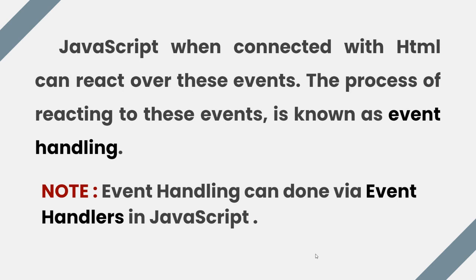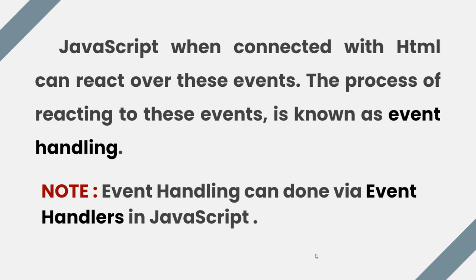So JavaScript, when connected to the HTML, can react to these events. So the thing here is this: for these events to happen, they always need to affect a particular HTML element. And so when JavaScript is connected with these elements, it can actually react to the elements with the following events.